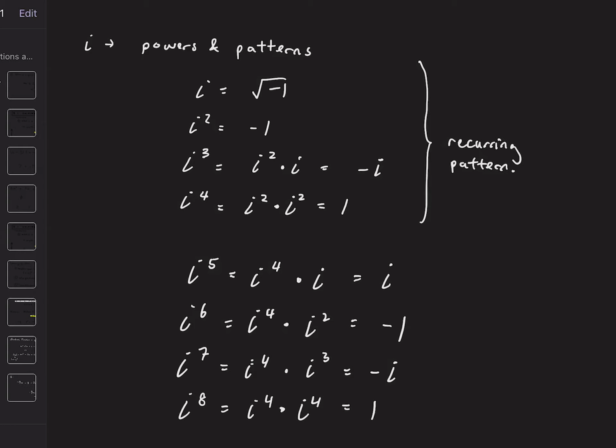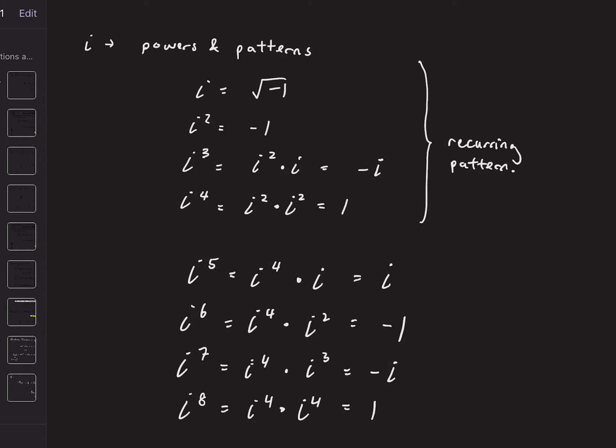Now, there are some very important patterns pertaining to i, mostly about how its powers share a consistent pattern in terms of what the number of i actually is. Let's understand this pattern by looking at this list of i and its powers with the results.